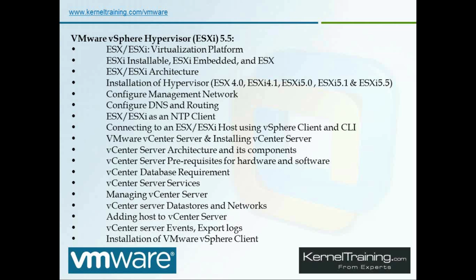And ESX servers have a slow boot time, while ESXi servers have a faster boot time. Why? Because ESX servers have three types of port groups: service console, VM kernel, and virtual machine port group. Whereas ESXi servers have only two types, VM kernel and virtual machine port groups. The service console is completely removed from the ESXi server.